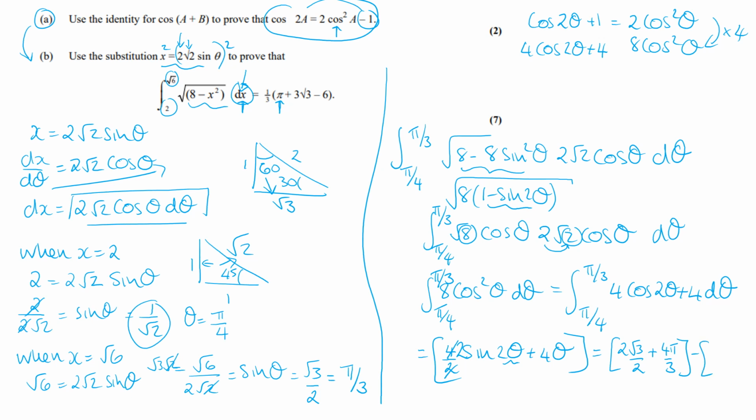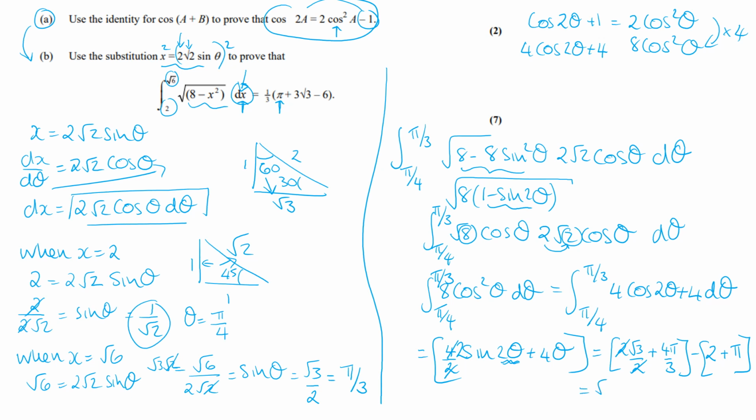And then putting the lower limit in, pi by 4 doubled is going to be pi by 2, and sine of 90 is 1, so that will be minus 2, and then plus 4 lots of pi by 4, which will just be pi. So then the 2's here will cancel.